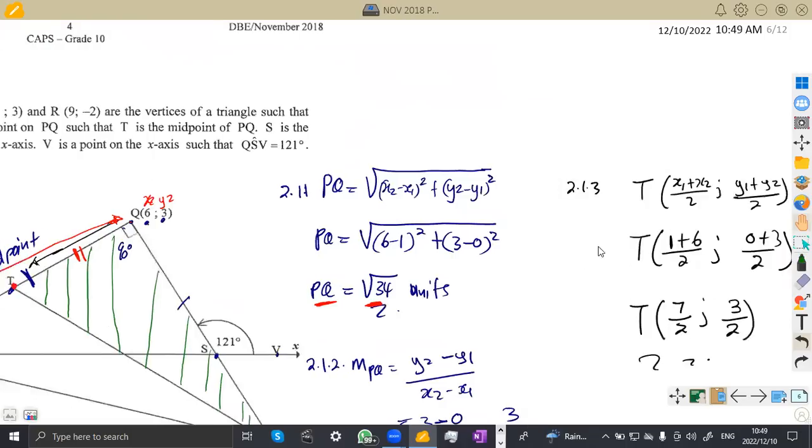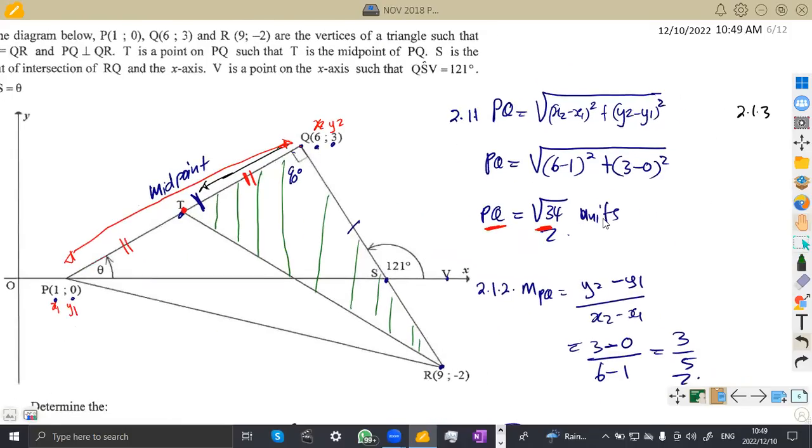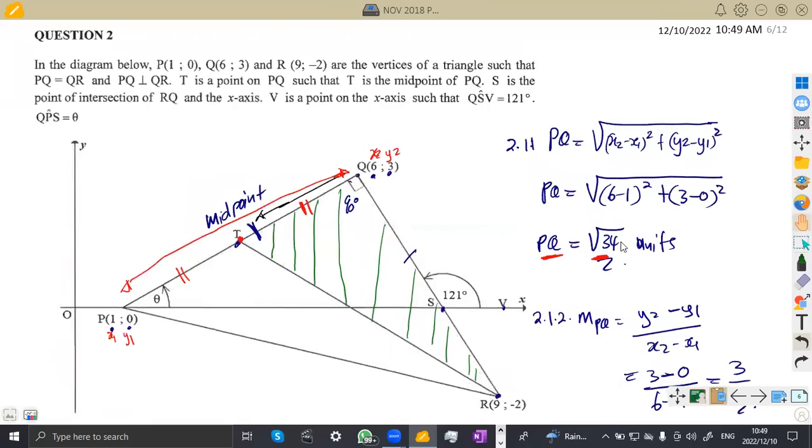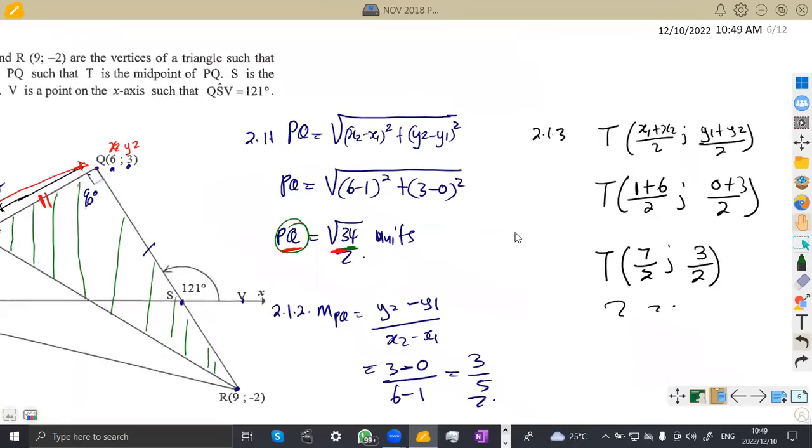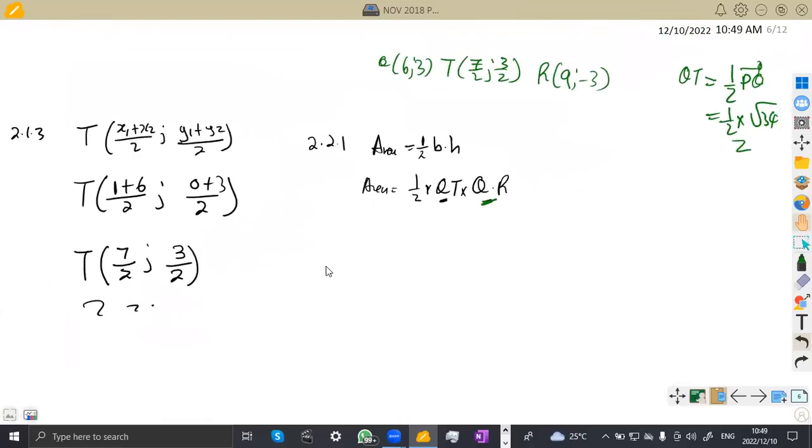Before that, guys, let's work with the diagram. Remember what we said before here. All right, let's get back here. PQ is equal to QR. So we are having QR and PQ equal. So that means it is going to remain as the square root of 34. So there was no need for us to even list these points down.